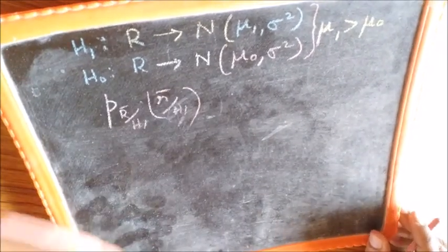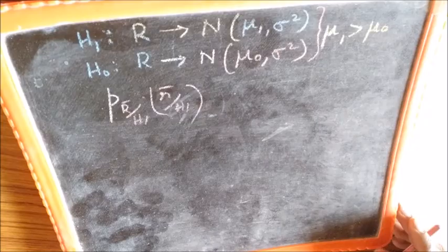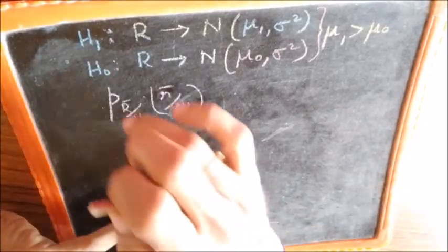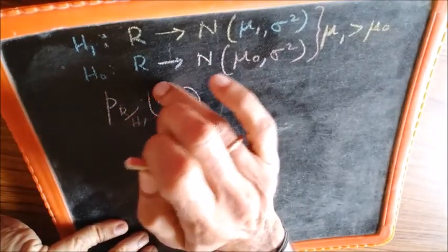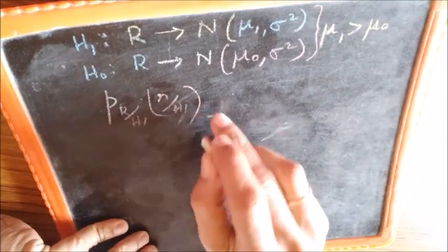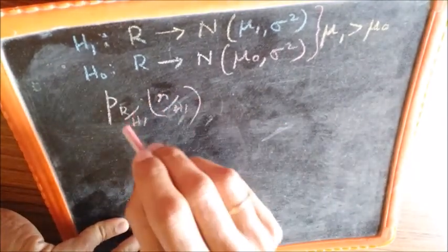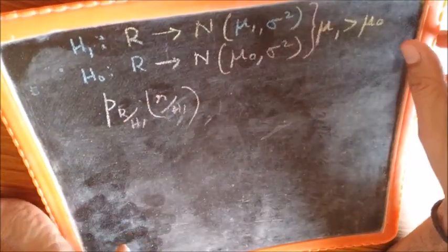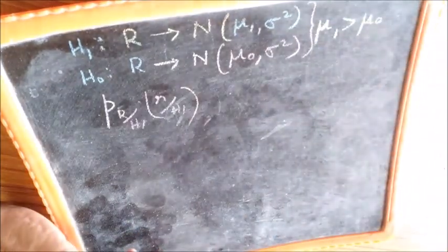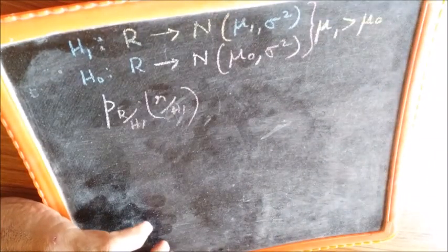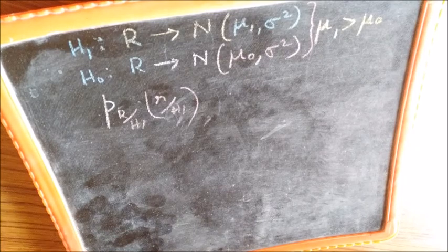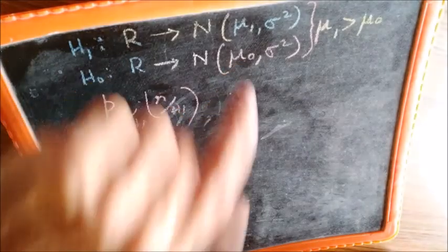Now in this case, we are not receiving a random vector, we just get one random variable, so we need not write it as a vector. Conditional density function of the received random variable given that H1 is the true hypothesis.